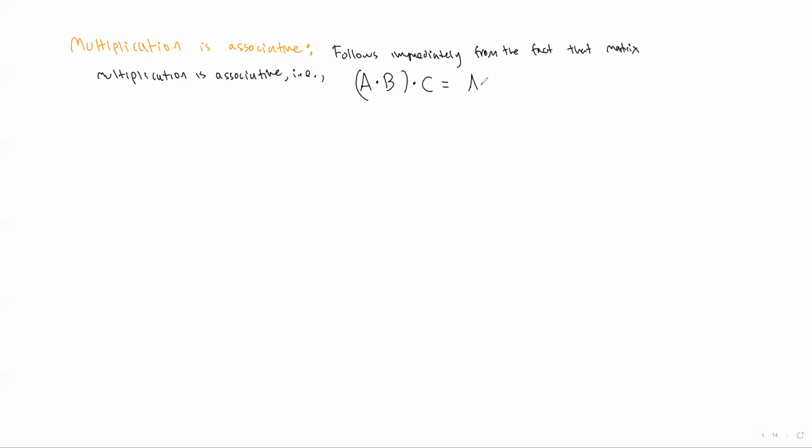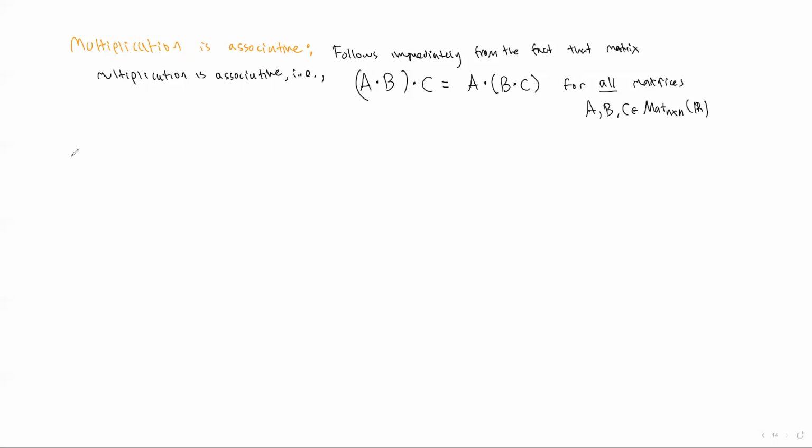And this follows immediately from the fact that matrix multiplication is associative for all matrices, i.e., (A times B) times C equals A times (B times C) for all matrices A, B, and C. So in particular, it holds in O_N.